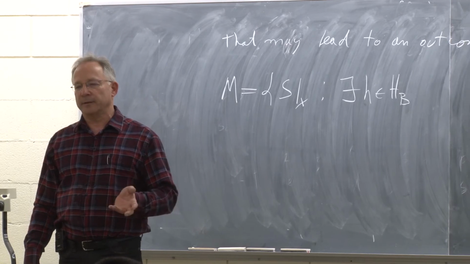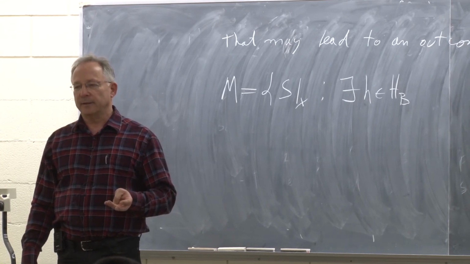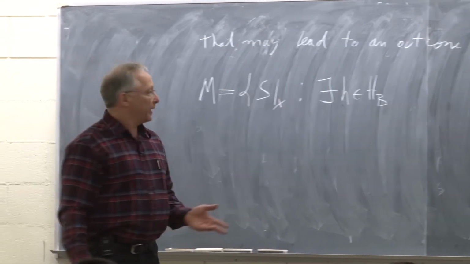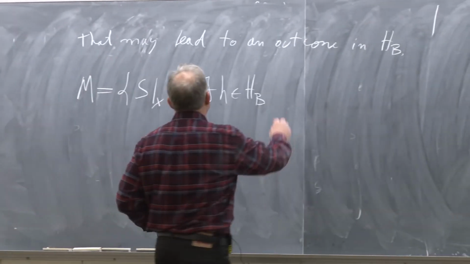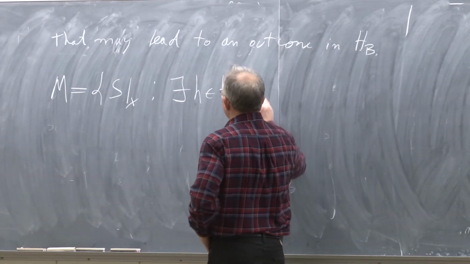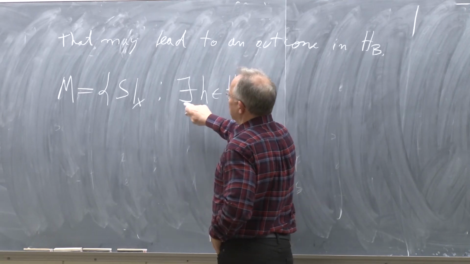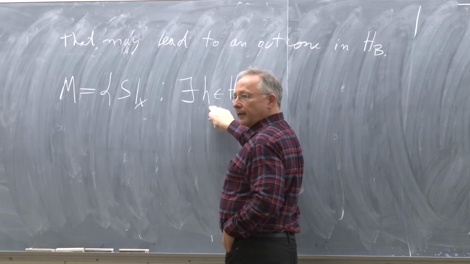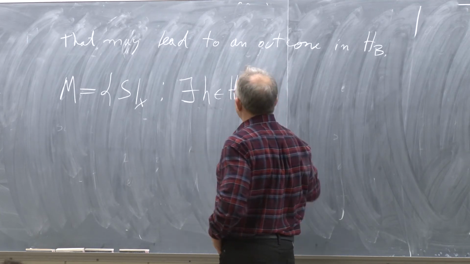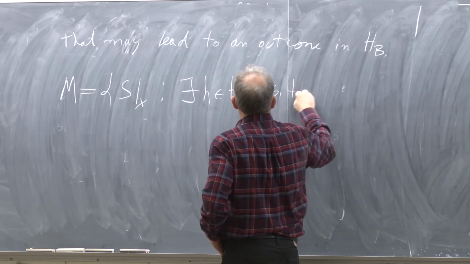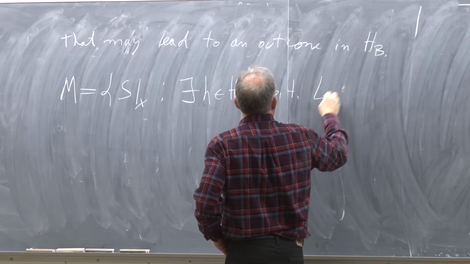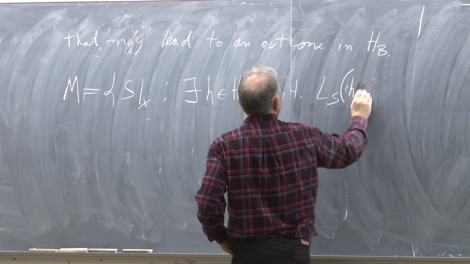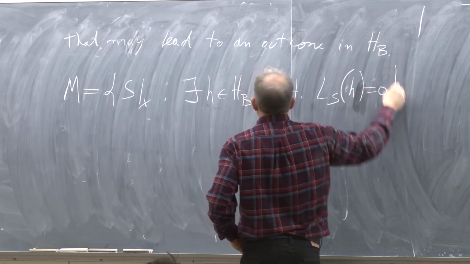When it's lower than on all the other hypotheses, right? And lower here, I can say it's 0. So it's the set of all samples such that there exists a bad H such that the empirical loss of this bad H is 0.